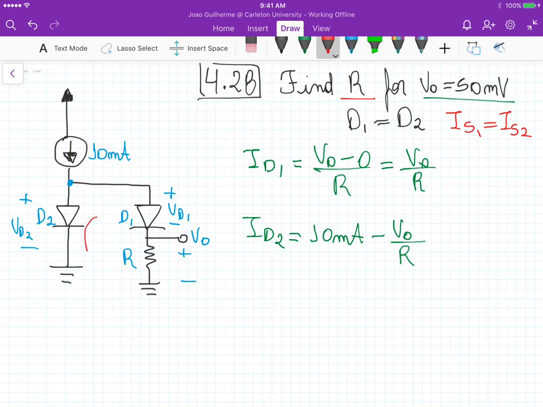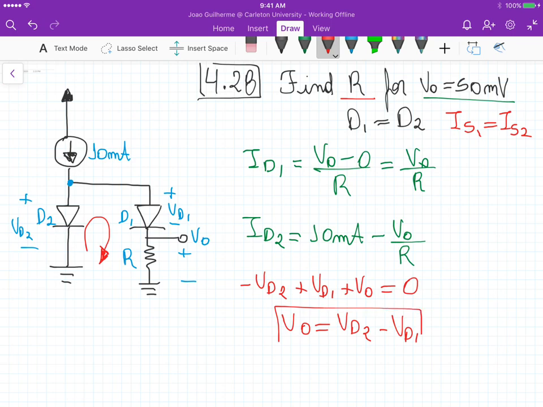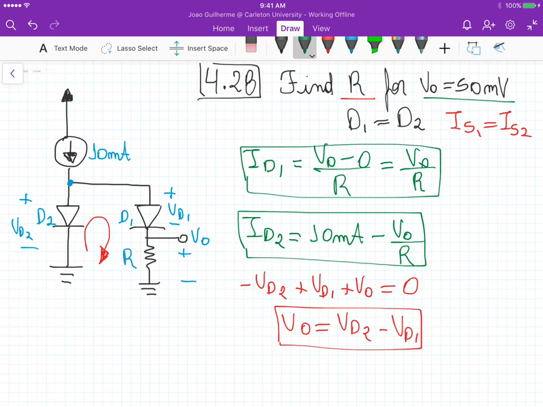If we apply a loop analysis here, we have minus VD2 plus VD1 plus V0 equals 0, which gives us V0 equals VD2 minus VD1. So this is a third equation that we have from the circuit. This is the first, this is the second, and this is the third. So we have those three equations.